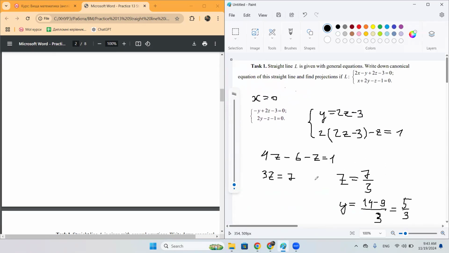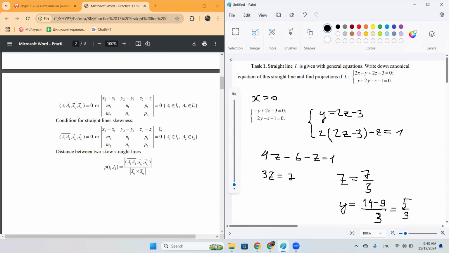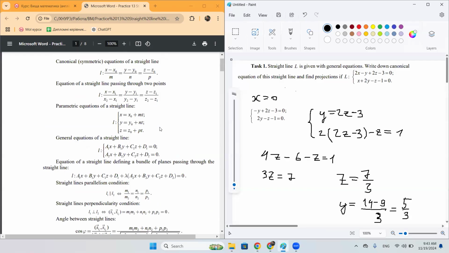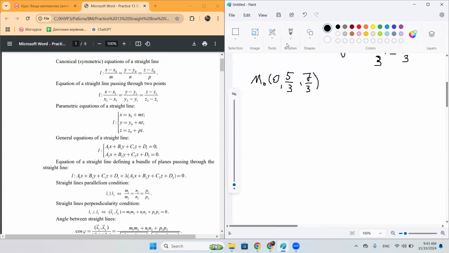So how to find it? Any ideas? Okay, I will draw a little bit, and maybe it will be more understandable.